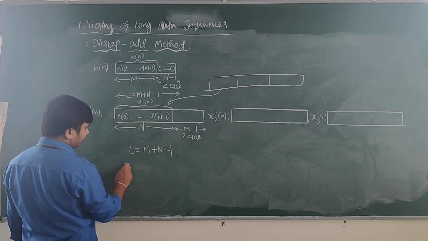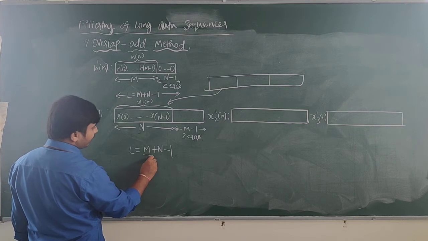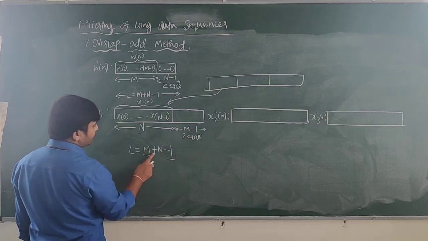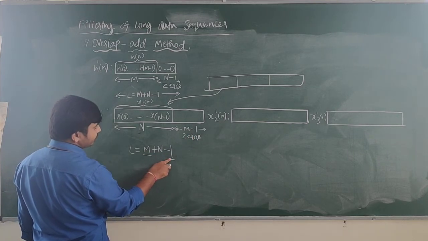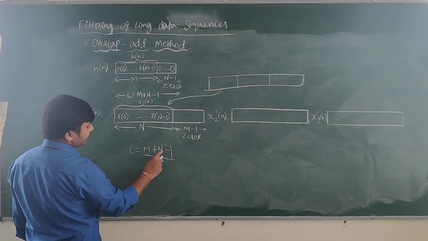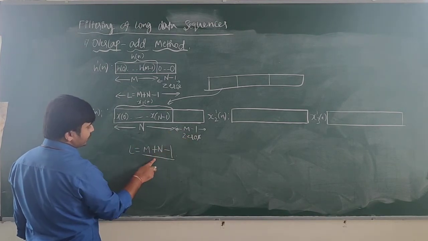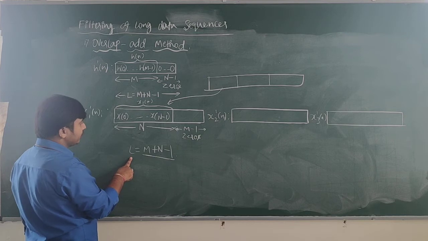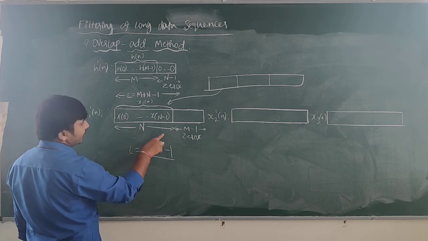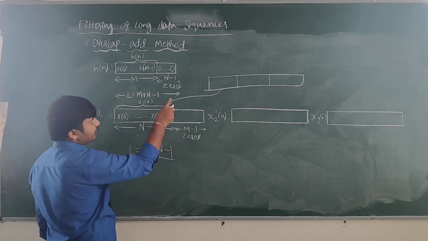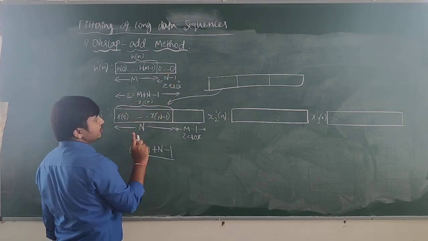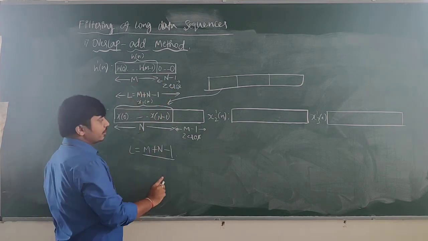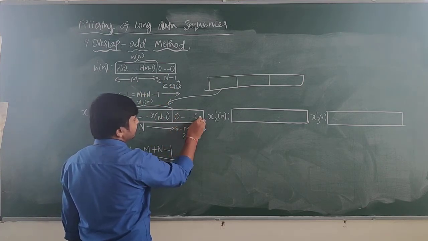So if I add m minus 1 zeros, it becomes n plus m minus 1, which is equal to L.